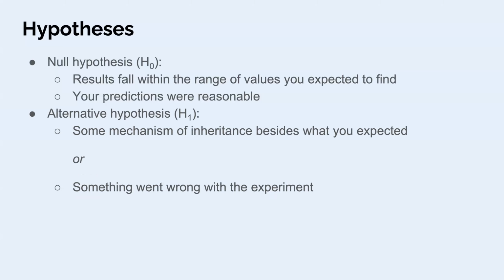Another possibility, and one that more often gets called for in student experiments, is that something went wrong with the experiment. I like to remind my students that they're doing something for the first time. They don't have a lot of technical prowess at it when they're first getting started. It's likely that we misidentified a fly, some flies died that shouldn't have, or some of the phenotypes were not scored correctly, and so on.